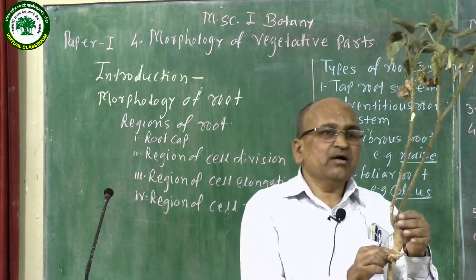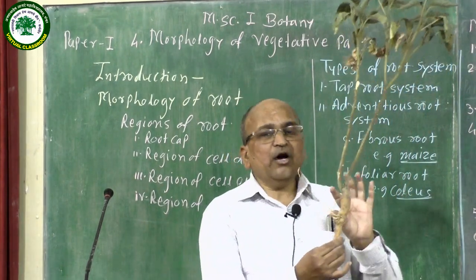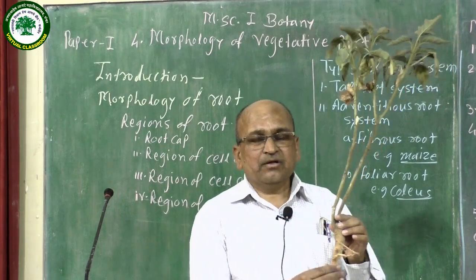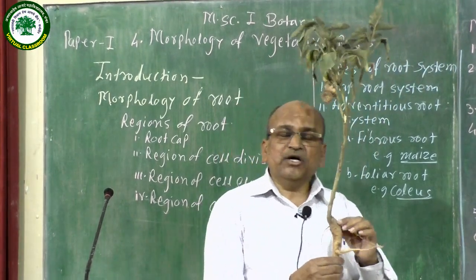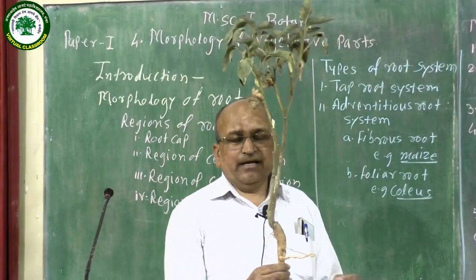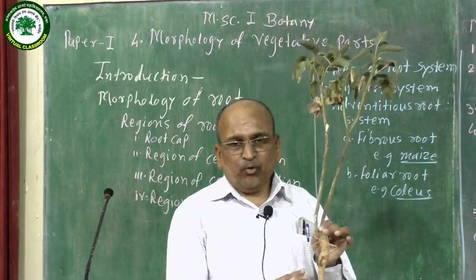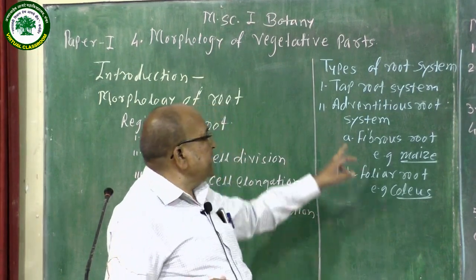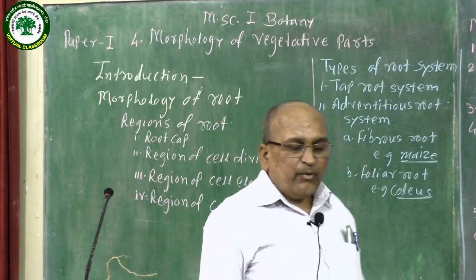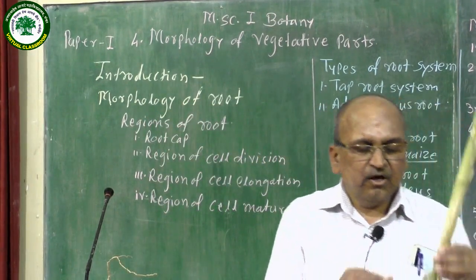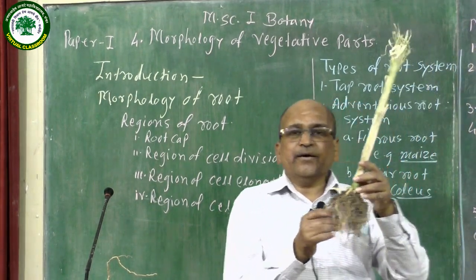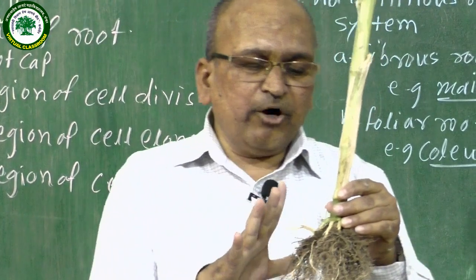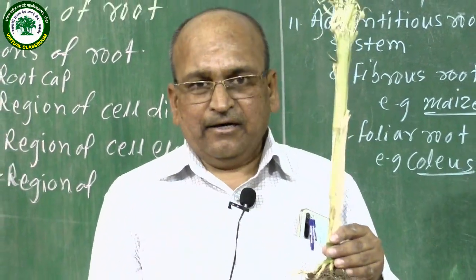Taproot system is when the root initiates from the radicle of the growing embryo in the seed, known as a taproot. The second one is the adventitious root system, when roots initiate from any part of the plant body other than the radicle.